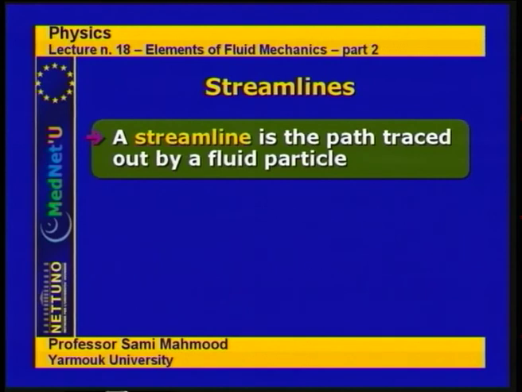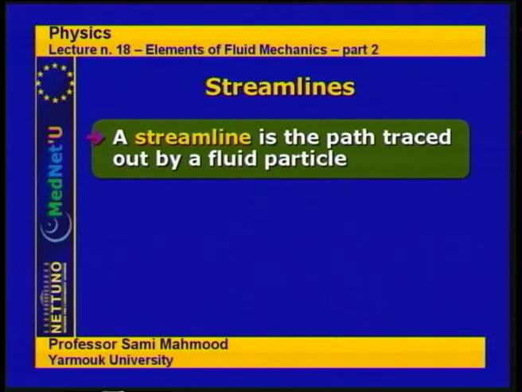And we would like to define a parameter, the streamlines, that is characteristic of the ideal fluid flow. A given streamline is simply the path traced out by a fluid particle.